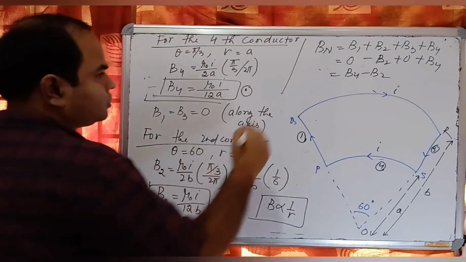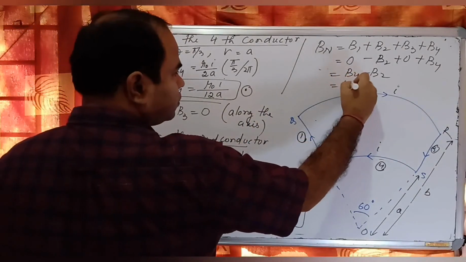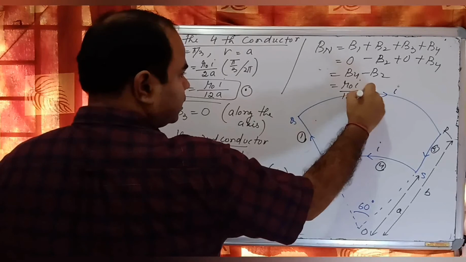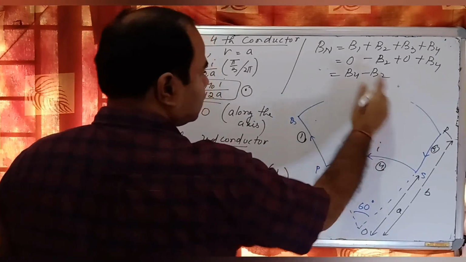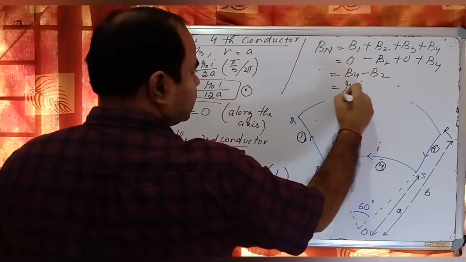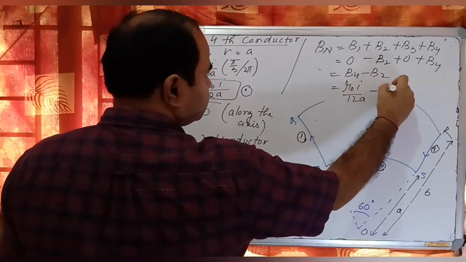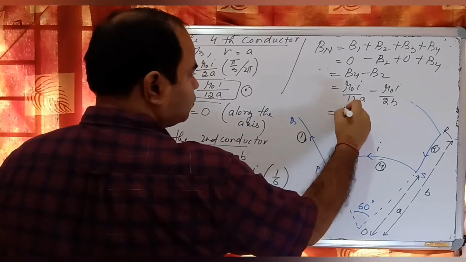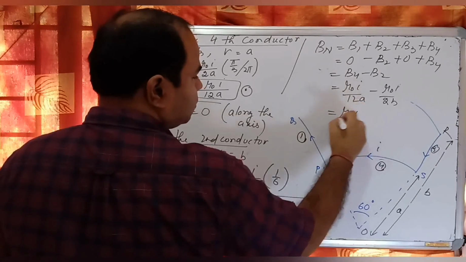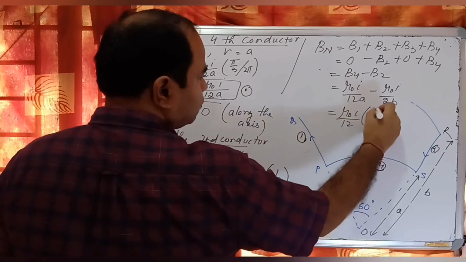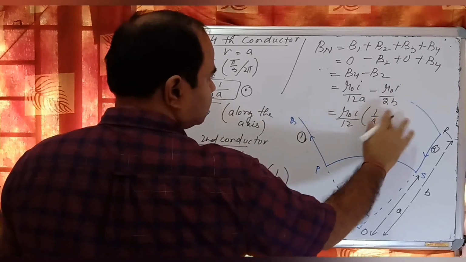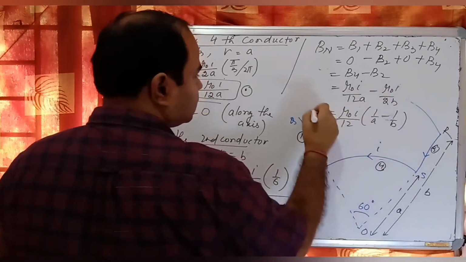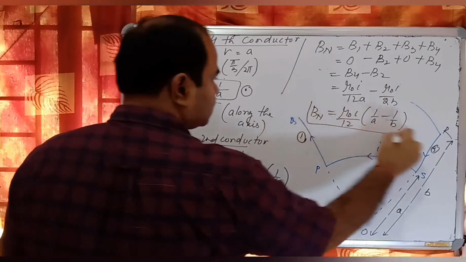B4 is mu naught I by 12a. So mu naught I by 12a minus mu naught I by 12b, that is equal to mu naught I by 12 times (1 by a minus 1 by b). So this is B net.